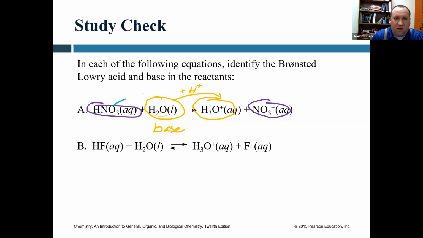What happened between the nitric acid and the nitrate? HNO3 versus NO3 minus. Well, in that process, we lost a hydrogen and we lost a positive charge. That's why this one's now negative. Loss of a proton, loss of an H plus, is an acid characteristic. And so the HNO3 is the acid.